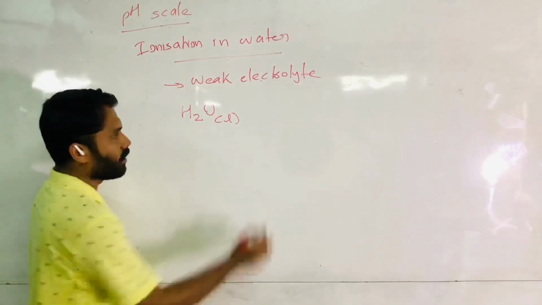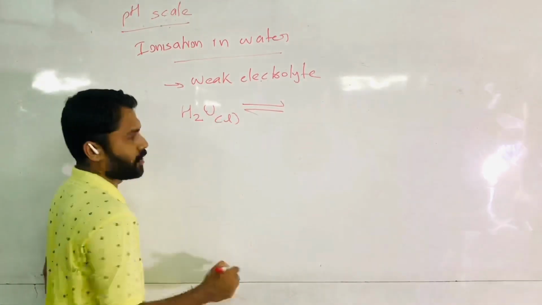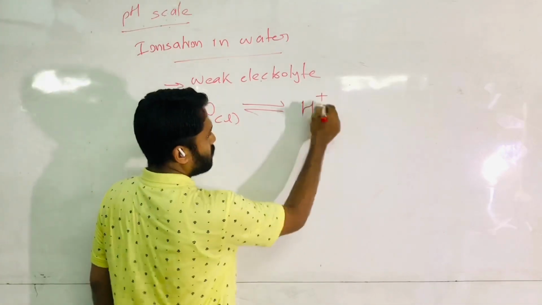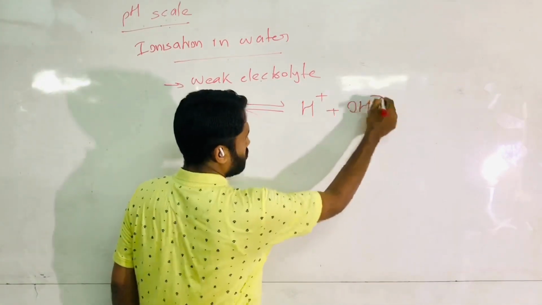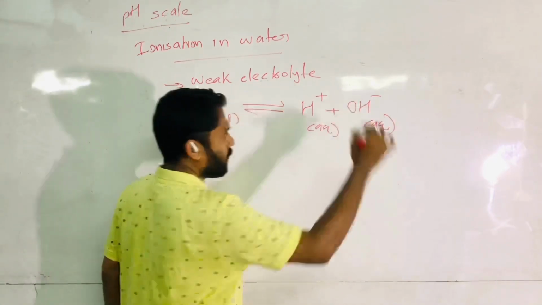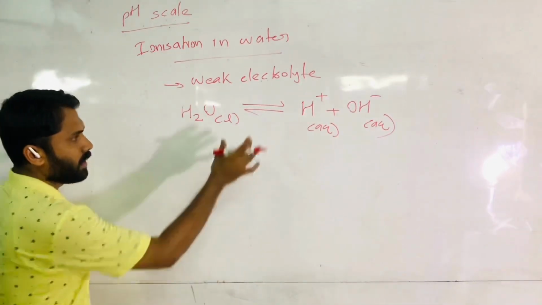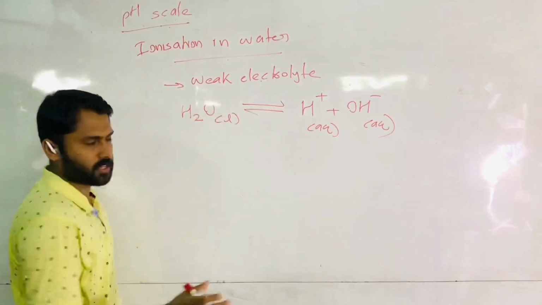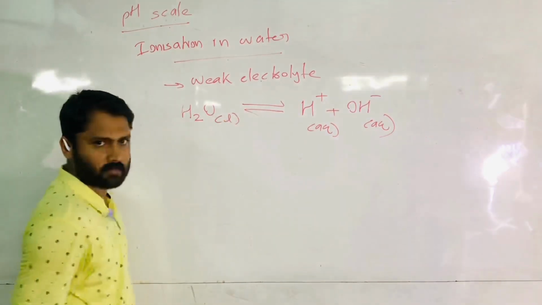H2O liquid undergoes partial dissociation to give H plus and OH minus ions. These ions are in equilibrium. If there is partial dissociation, there will be an equilibrium.